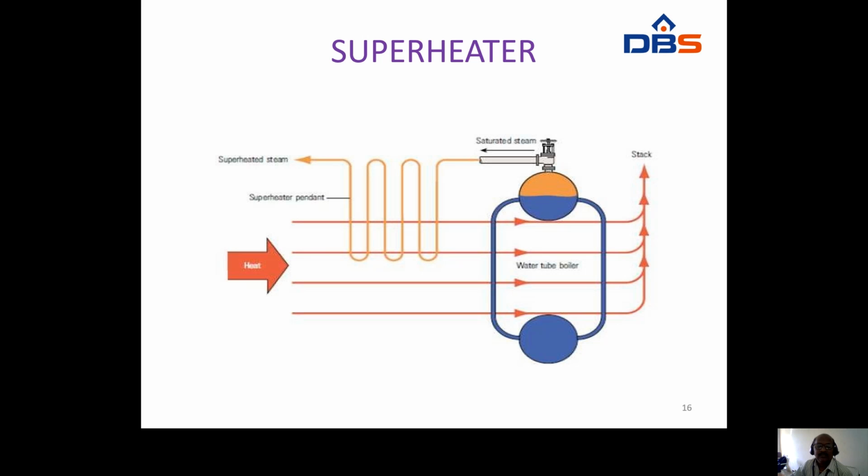That steam comes here, and while the steam is flowing through these tubes, the same flue gases or exhaust gases increase the temperature of the saturated steam. Once you increase the temperature of the saturated steam, it becomes superheated. So at this point we get superheated steam.